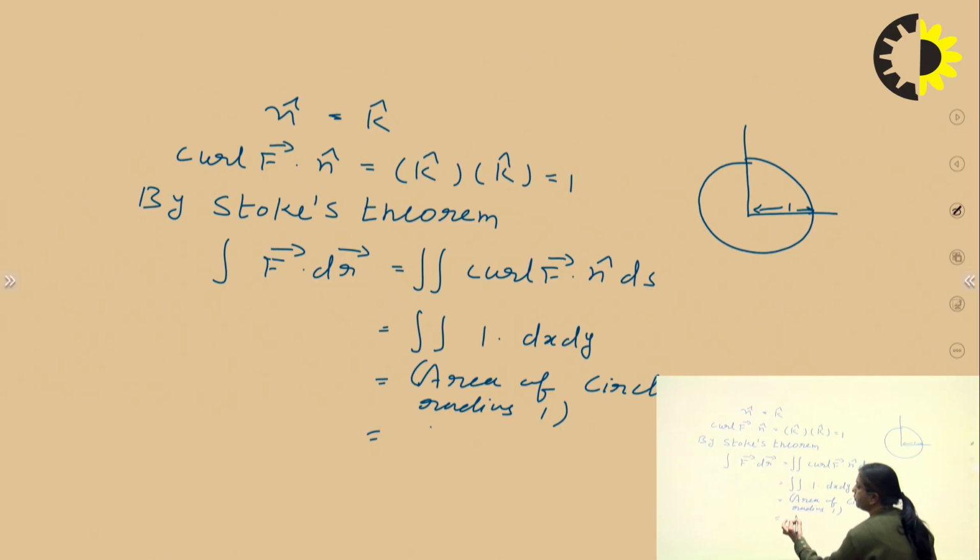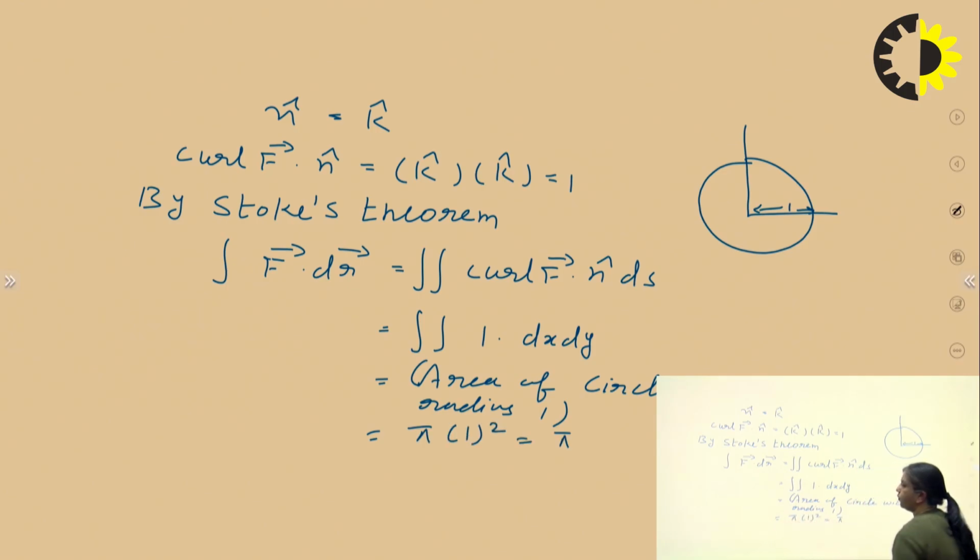It is pi r square, where r is 1. That means this will equal pi. So after using Stokes theorem, we get the line integral of this circle is pi by using surface integration.